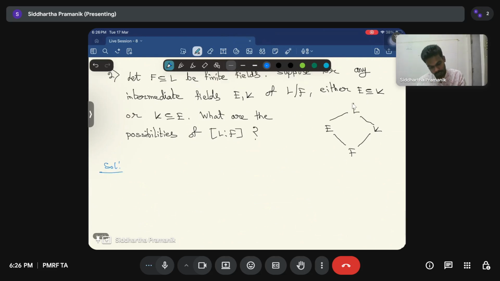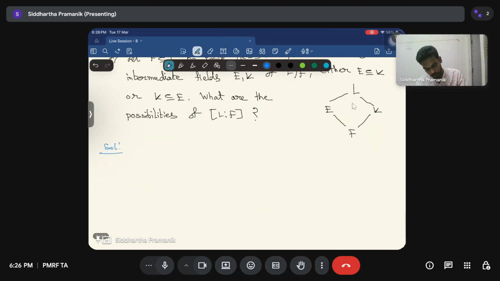So L and F both are finite fields, right? So since F subset of L are finite fields, L over F is a finite Galois extension.